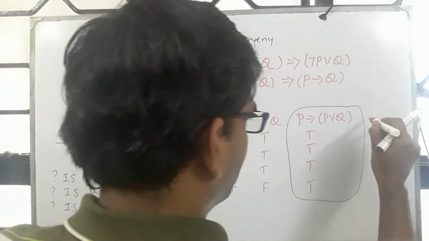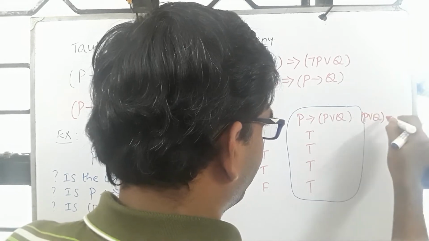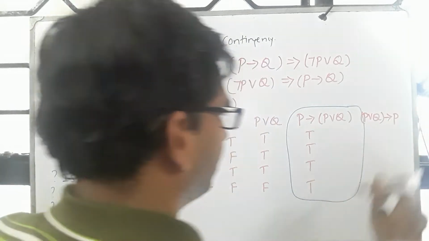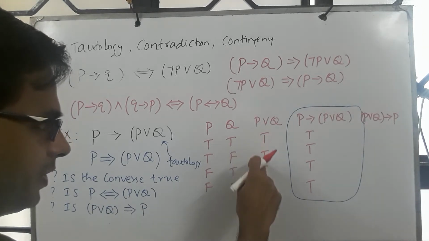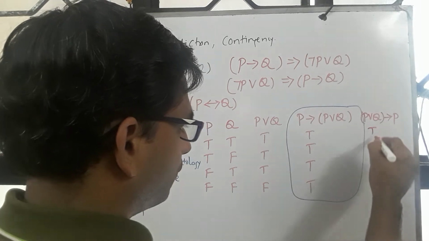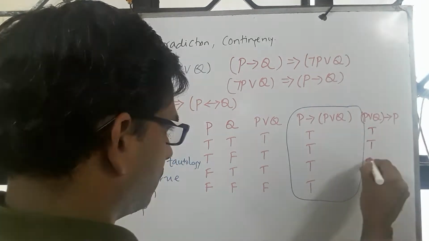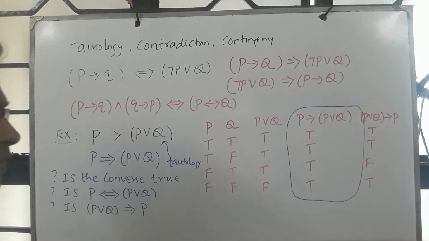So let's look at P or Q implies P. So you have P or Q. Does it imply this? So it's true, false, and true. What is this?